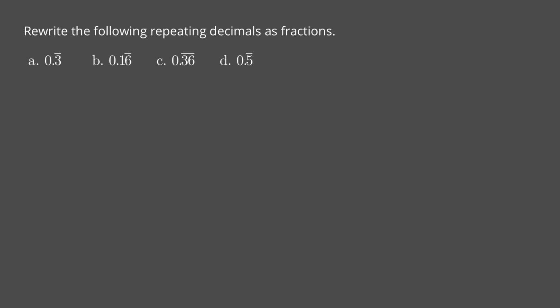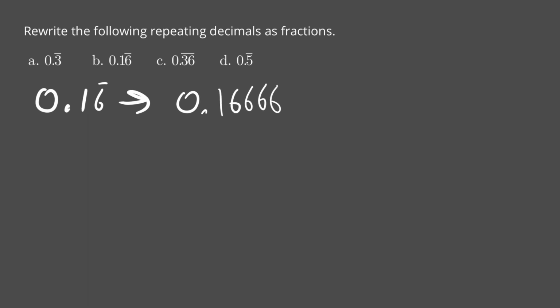For part B, we have 0.1 with a repeating 6. Now you have to be careful because the repeating bar only applies to the 6. So if we rewrite this, this is 0.1 with trailing repeating 6's. Step 1 is going to be x equals whatever our decimal is.